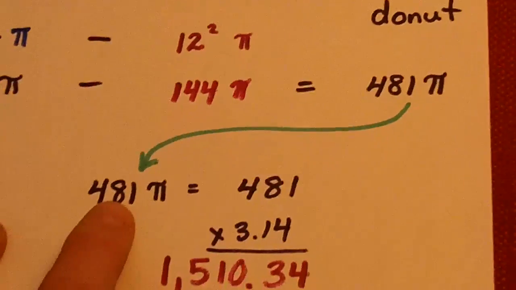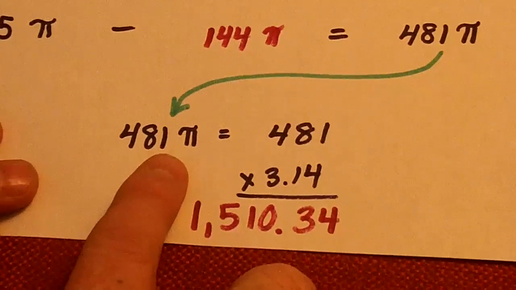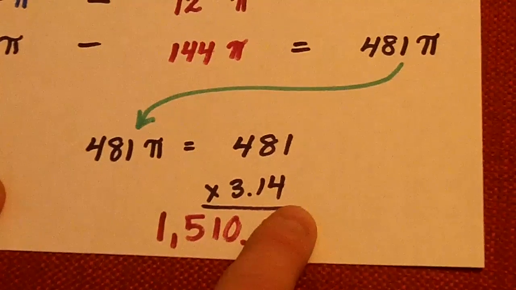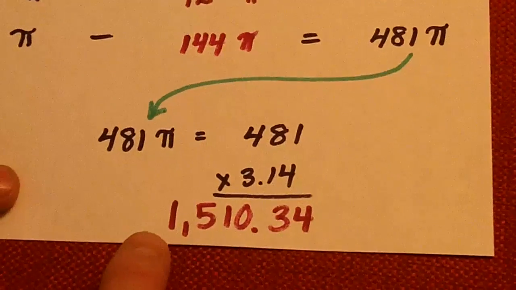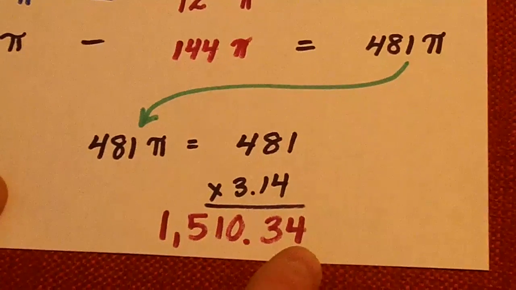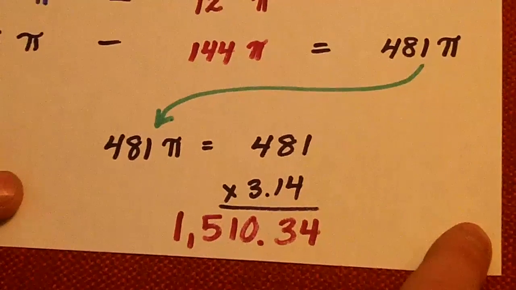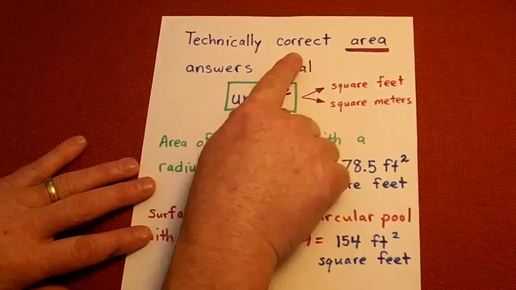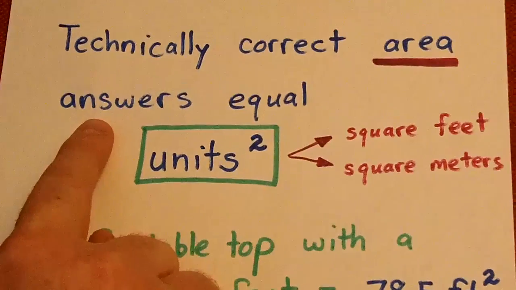If we want to convert that to a number, we take 481 times 3.14, and we come up with 1,510.34 square units.